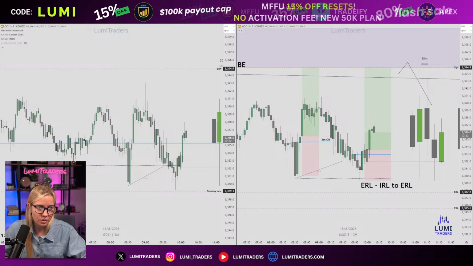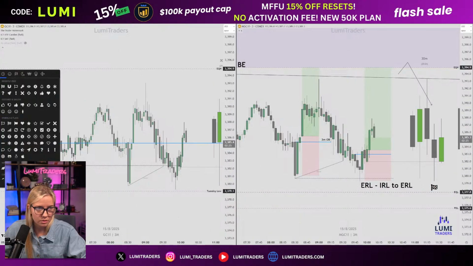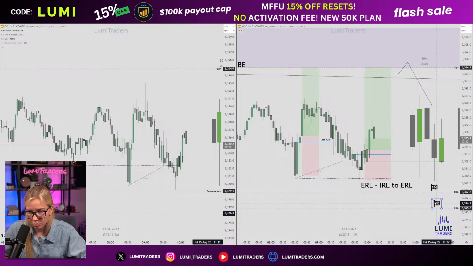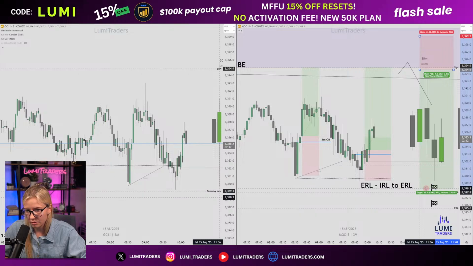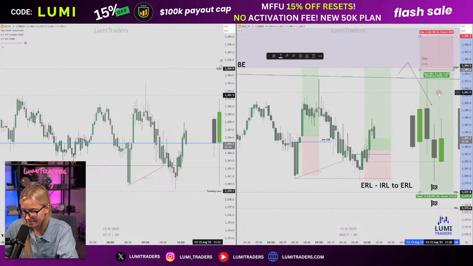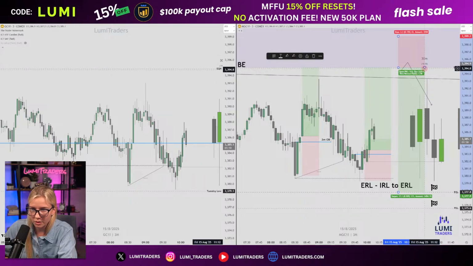I still would like to see lower anyway, like equal lows and previous day low level. I'm waiting for the test right now. Let's see how we can respect this retest. I'm not sure about entry, just approximately. Ideal plan for me. What will happen in reality, I have no idea. I like this long, would like to engage in this long if I can get the opportunity right now.